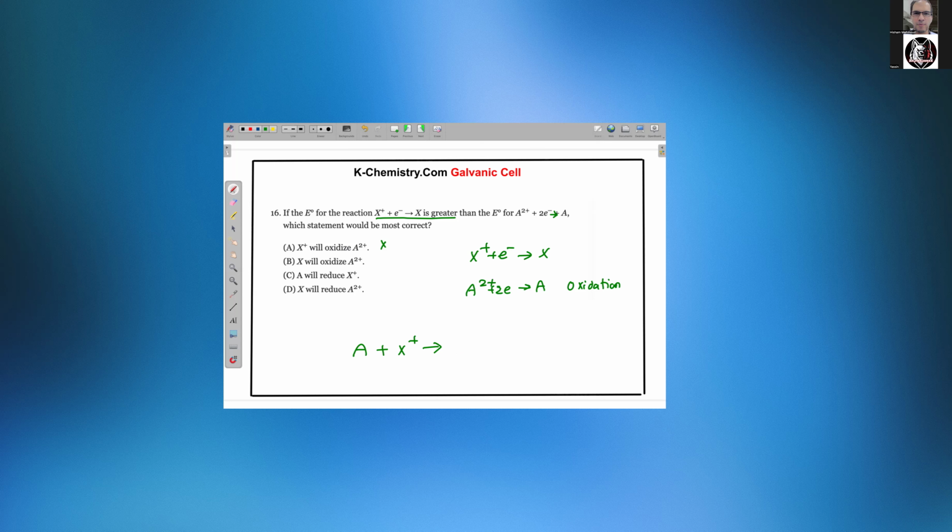So this means that this one will be reversed. So I will write it like that. Let's write the equation after reversing. So A will change into A2 plus 2 electrons, and this one will remain as it is, X plus gives X. So which one displaced which one?